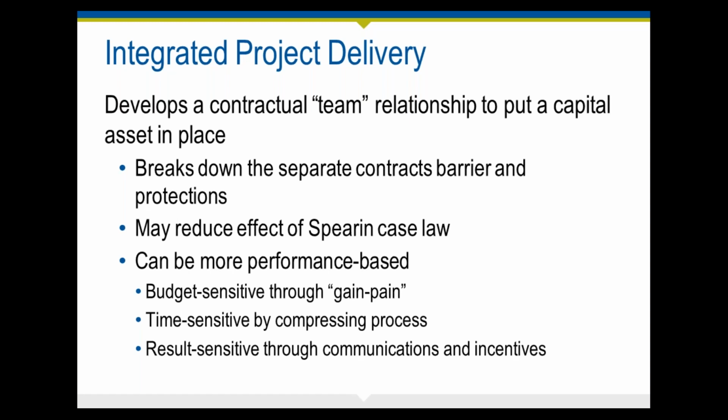So it's designed to integrate people, systems, business structures, and practices into a process that collaboratively harnesses the talents and insights of all participants to optimize project results and increase value to the owner, reduce waste, maximize efficiency through all phases of design, fabrication, and construction. And if indeed it is an IPD, it may reduce the effect of the spirit and case law, because generally speaking, the intent is to have all of the parties working towards the same goal instead of relying on warranty and guarantee obligations. So how is that done?